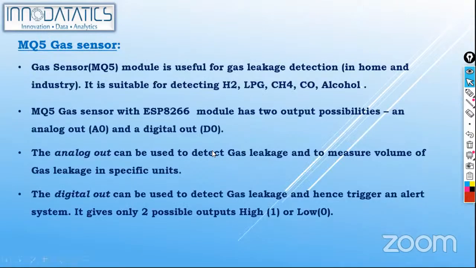Yeah, MQ5 gas sensor data. As I was talking about in the initial status, the MQ5 gas sensor model detects H2, LPG, CH4, which is methane, CH3, the ethane, carbon oxide, and alcohol, carbon monoxide, CO, right? All the harmful gases, this particular gas sensor will detect.